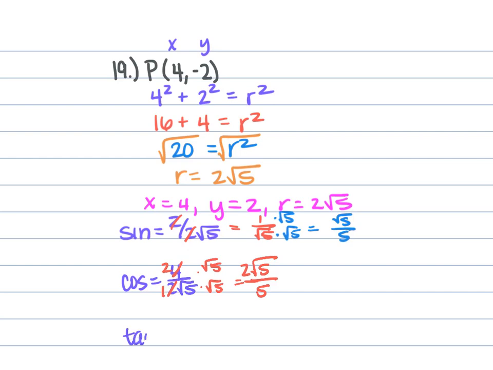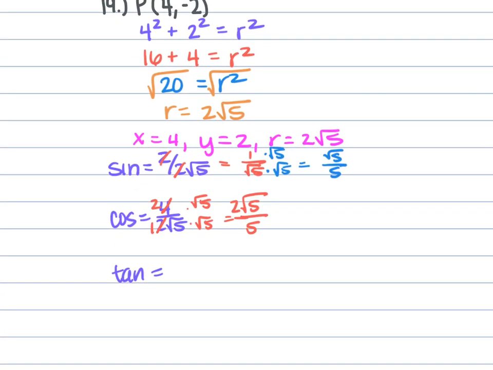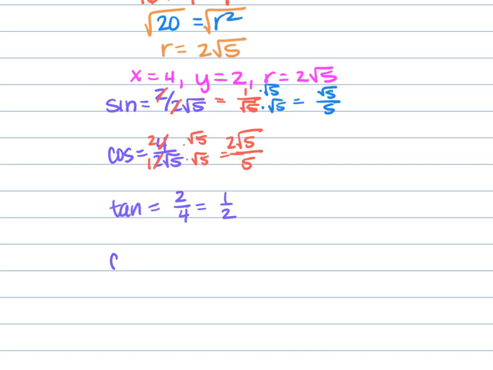Tangent is going to be y over x, so it's 2 over 4, which is also 1/2. For our reciprocal of sine, that's cosecant. It's the reciprocal of 1 over square root 5, so it's just the square root of 5.